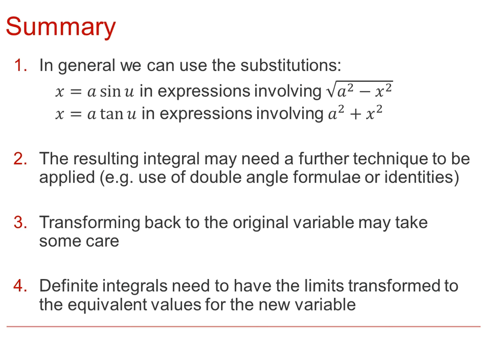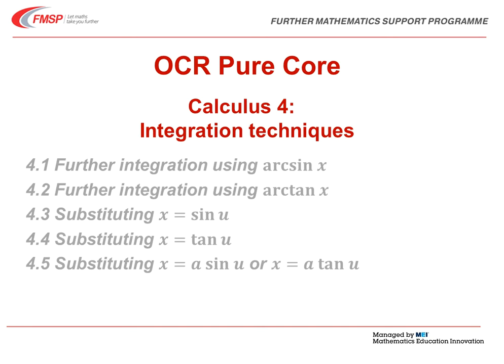Transforming back to the original variable, usually x, may take some care. And do remember that definite integrals need to have the limits transformed to the equivalent values for the new variable that you're using in the substitution. This is the last video of the Calculus 4 series.